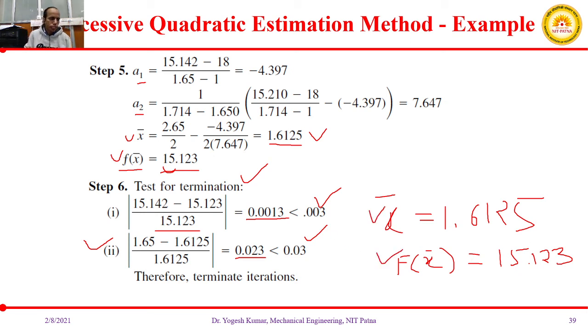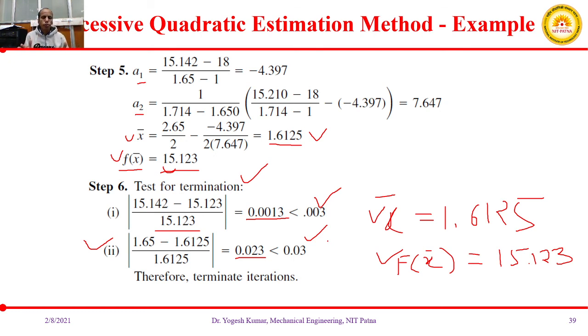This way we can calculate the values of f(x bar) and f(x), and since these two conditions are satisfied, we will continue this algorithm till the termination conditions are satisfied.